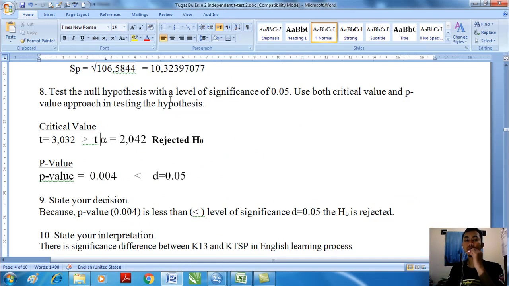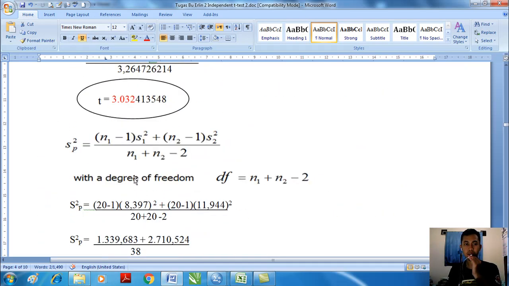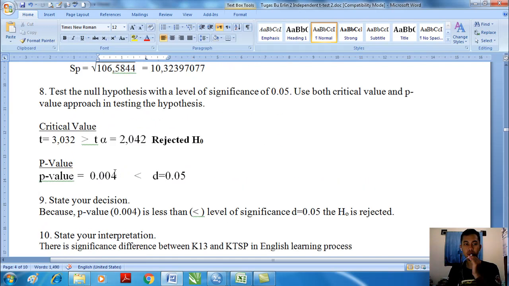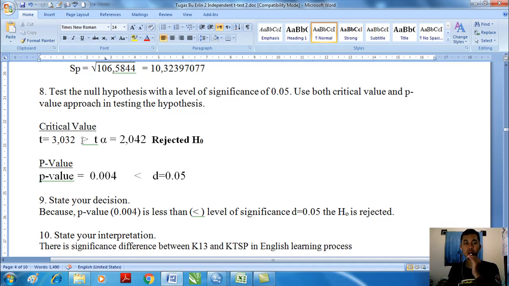test the null hypothesis with a level of significance of 0.05. Use both critical value and p-value approach in testing the hypothesis. I already wrote it down to make it faster. Critical value, remember, critical value is t. T, we can get it from here. T is 3.032. So write down T, 3.032.